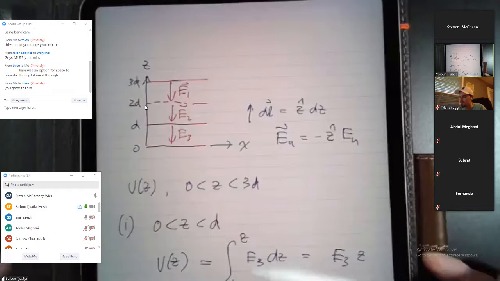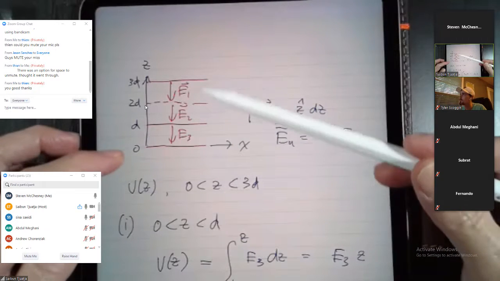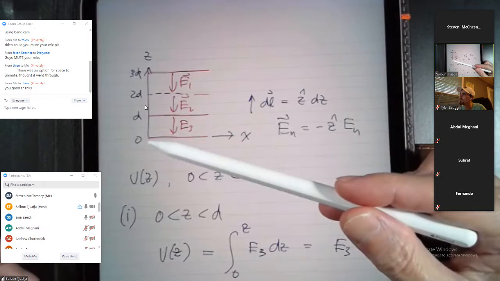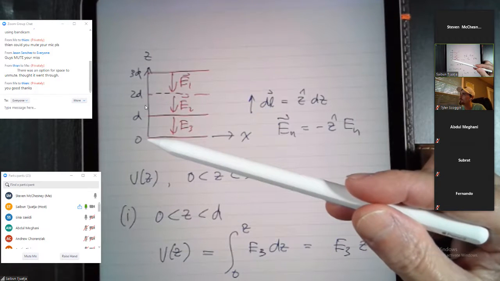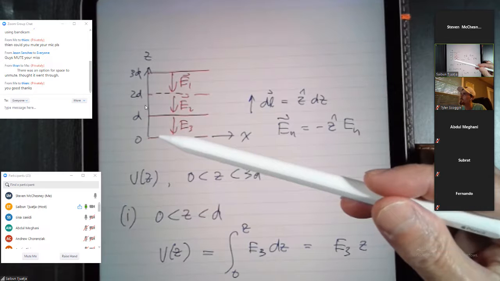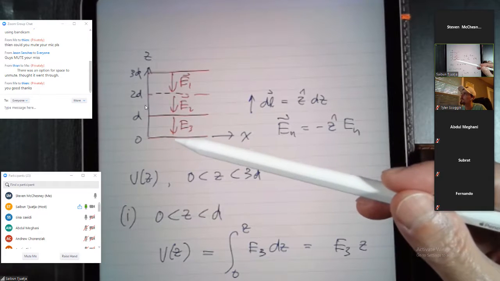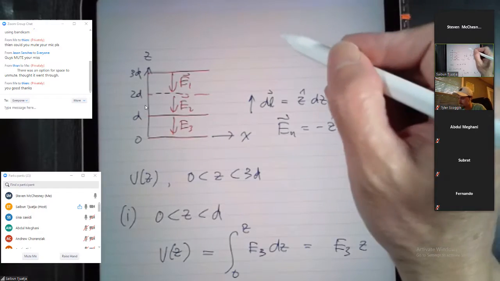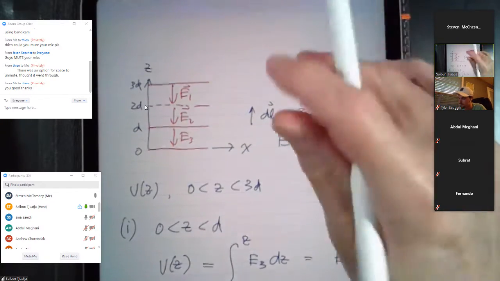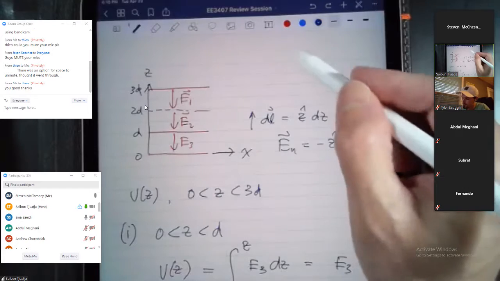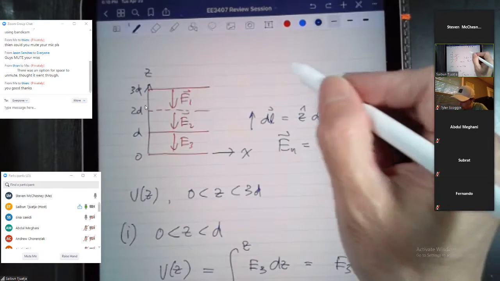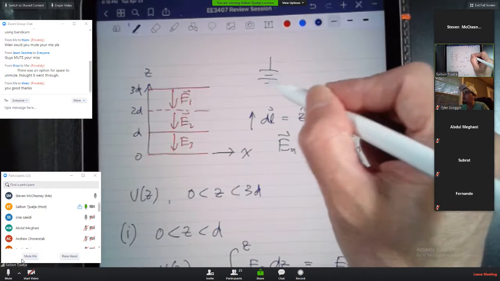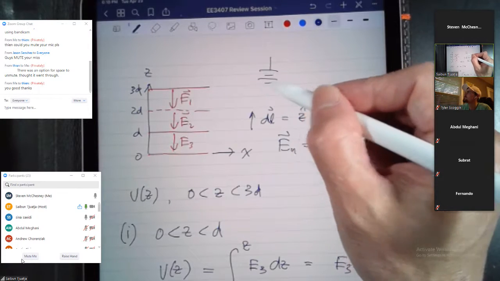Remember inside this capacitor, where is our reference for our potential? At 0, that's what we put on the negative terminal of the battery. All the voltage is measured with respect to the reference. When we connect the circuit, this is our battery, so all the voltages are with respect to this terminal.